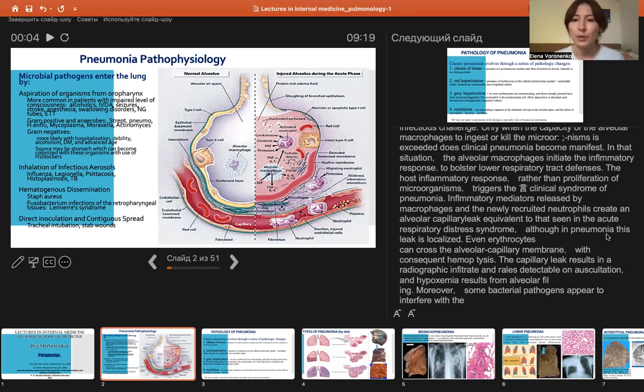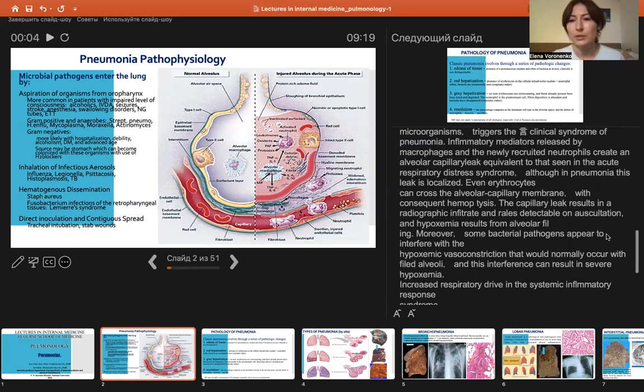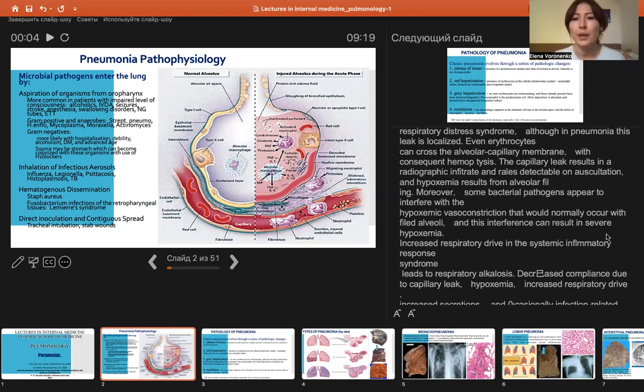Also, in pneumonia, this leak is localized. Even erythrocytes can cross the alveolar capillary membrane with consequent hemoptysis.